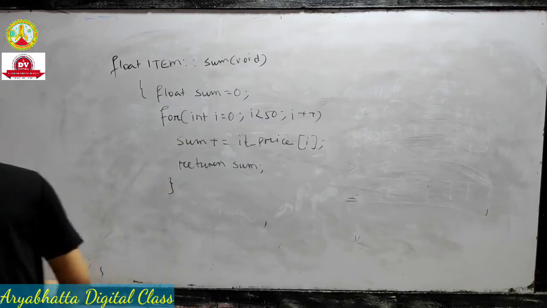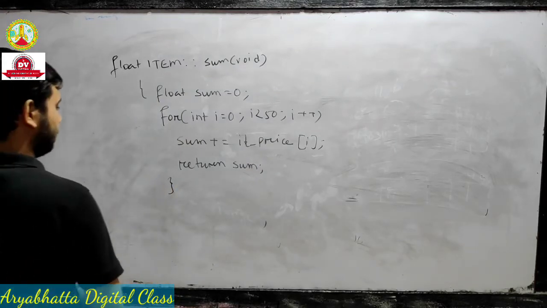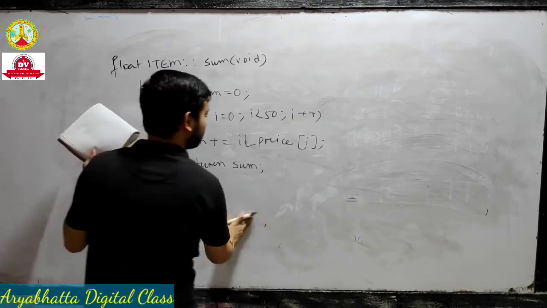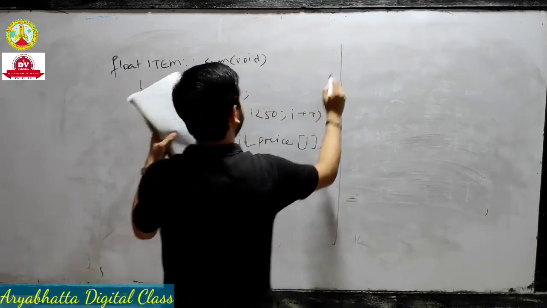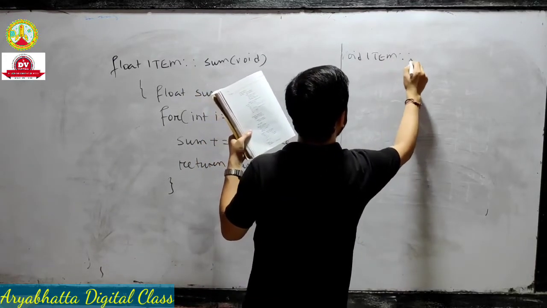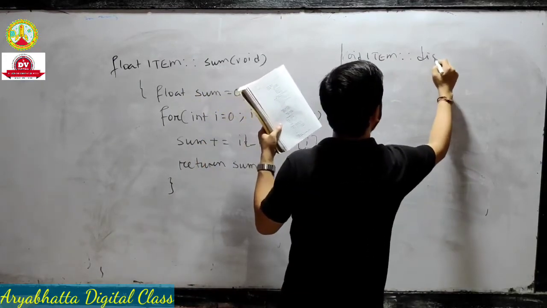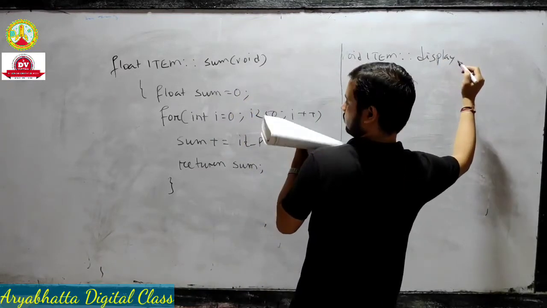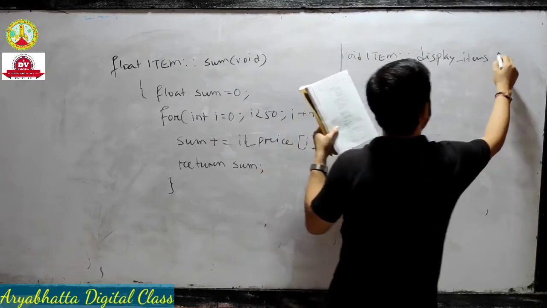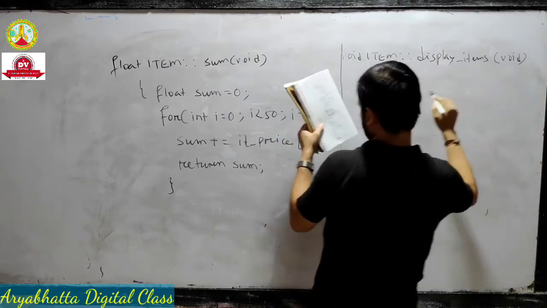Okay, I write both functions. This is for your sum function and the last one is for your display items, void.